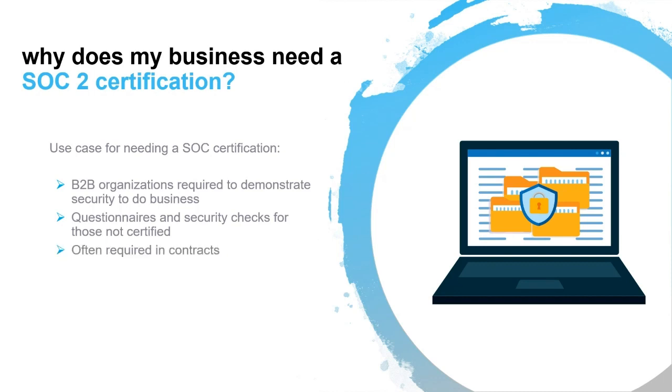Another reason, contracts. This is what I touched on before. In order to sign a lot of new contracts, we see a surprising amount of vendors and clients now requiring this of their vendors. So, hey, I'm going to do business with you, but they want to make sure they're not taking risk with their business through their vendors.